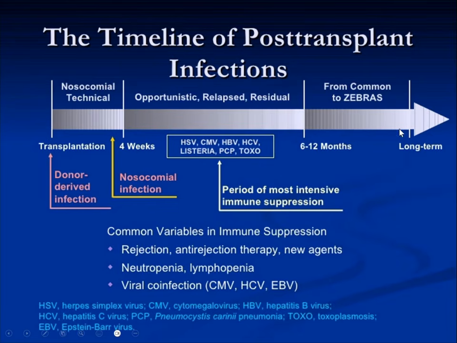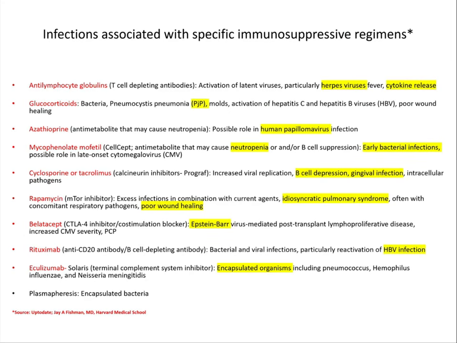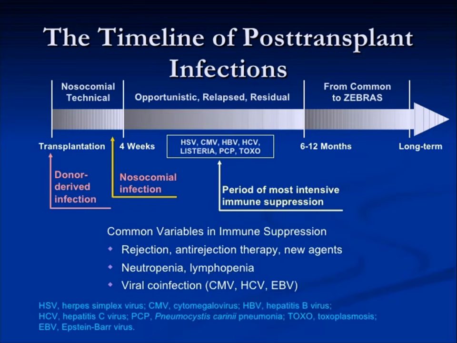After that, you go from the usual all the way to the zebras and long-term issues. Things to consider again: are they rejecting, or are they neutropenic because of immune suppression? Do they have a chronic viral reactivation syndrome?